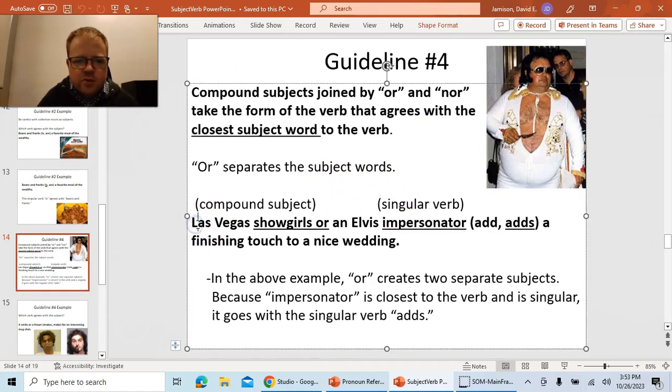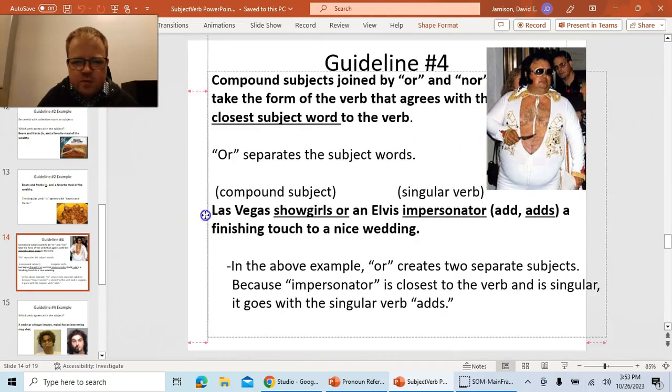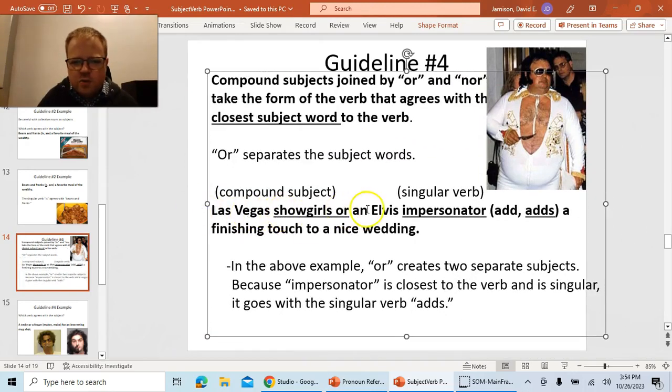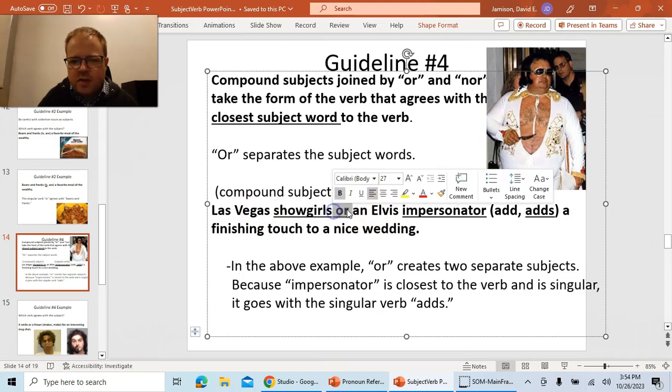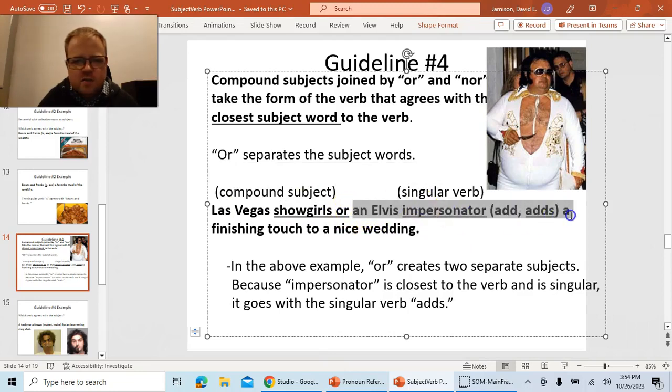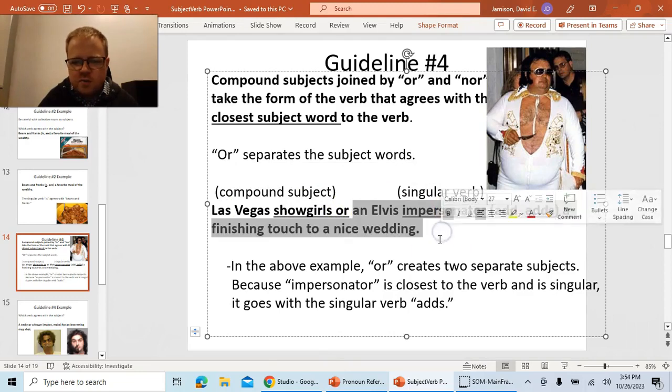Las Vegas Showgirls or an Elvis impersonator add or adds a finishing touch to a nice wedding. Again, this is separating these two out with the word or, and so we go with the closest one to the verb. We could cut the rest of this part out and just say, an Elvis impersonator adds a finishing touch to the nice wedding.